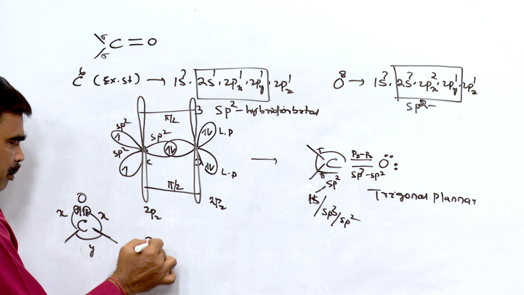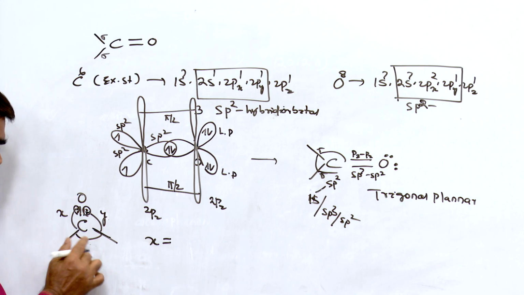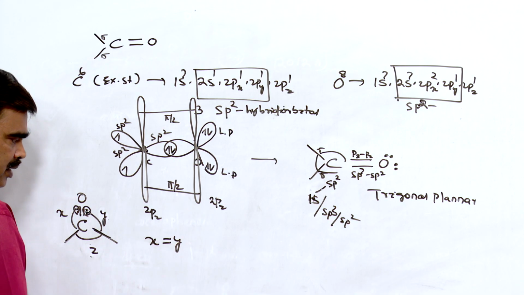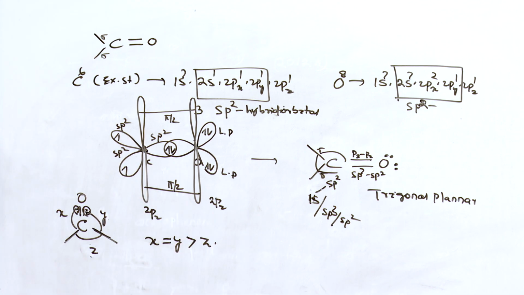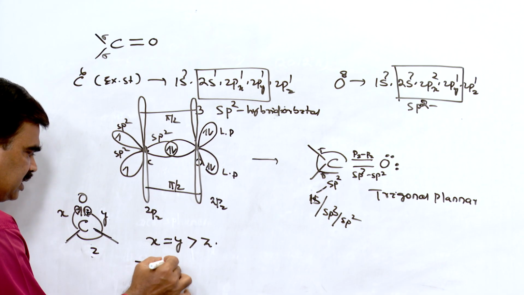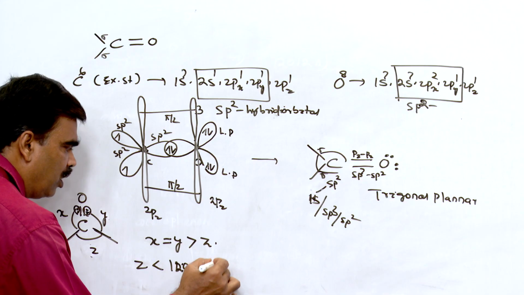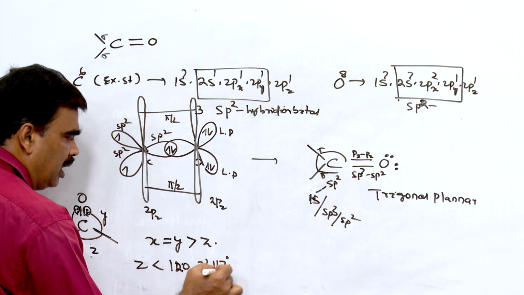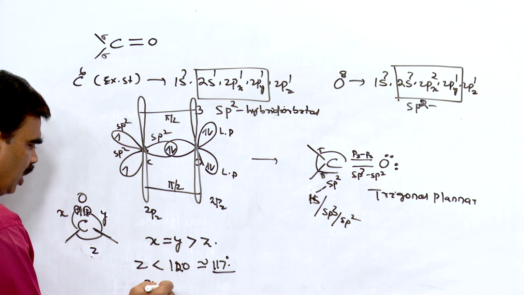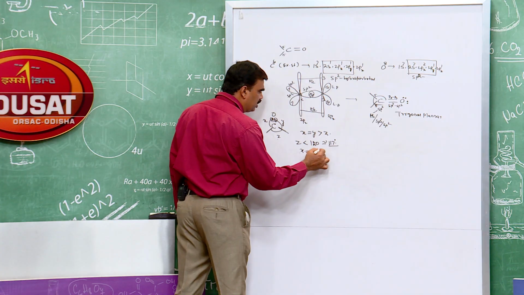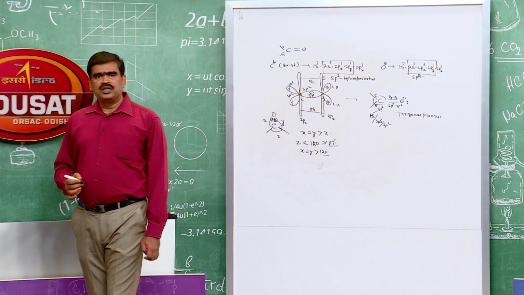So, this is Y, and let us make this one Z. So, X equal to Y and they are greater than Z. The bond angle Z is less than 120 degree, nearly about 117 degree, and X equal to Y, these 2 angles are more than 120 degree. Trigonal planar, carbon is sp2 hybridized.